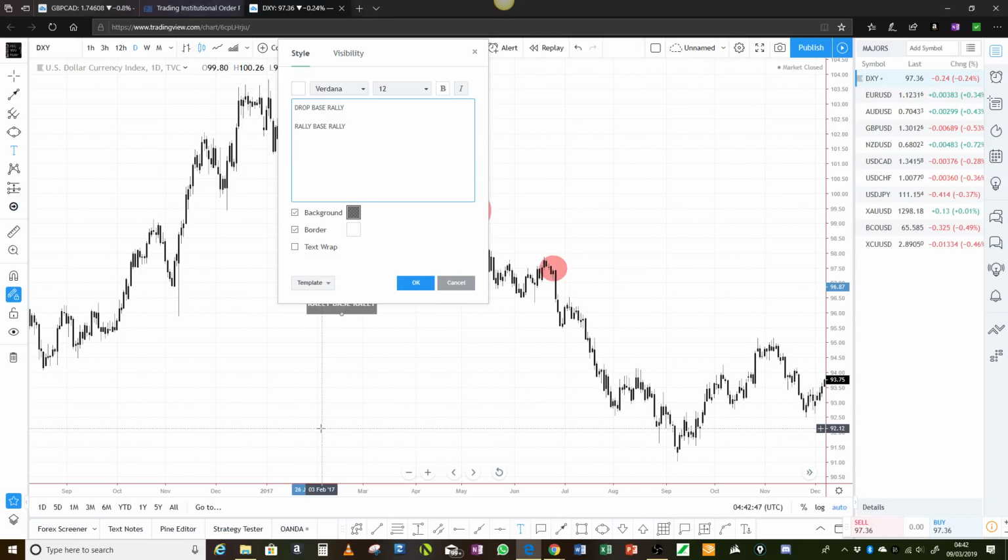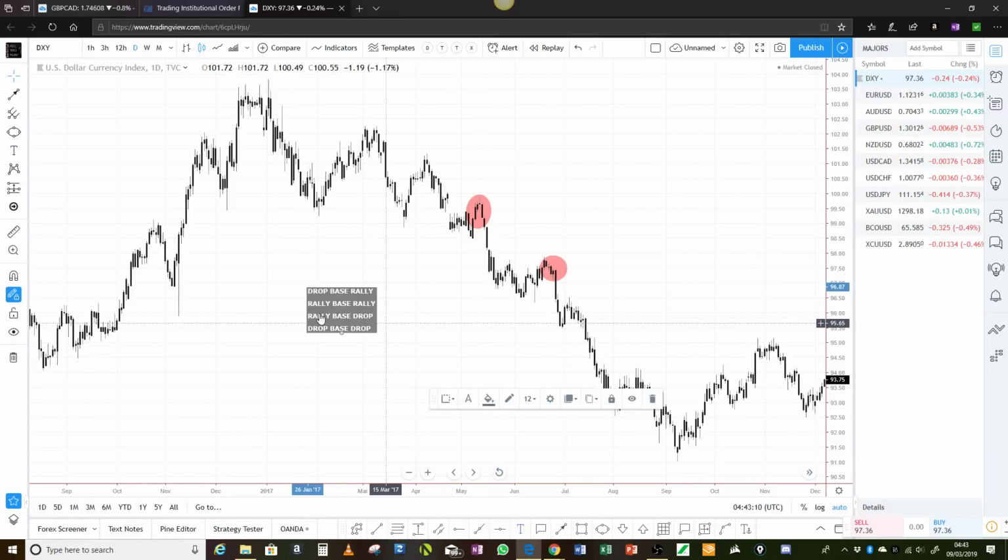For the supply zones, you have the rally, base, drop supply zone and the drop, base, drop supply zone. Those are the only two examples of a supply zone on any chart, on any time frame, in any market. There aren't any others. These are the only four types of zones we look for.